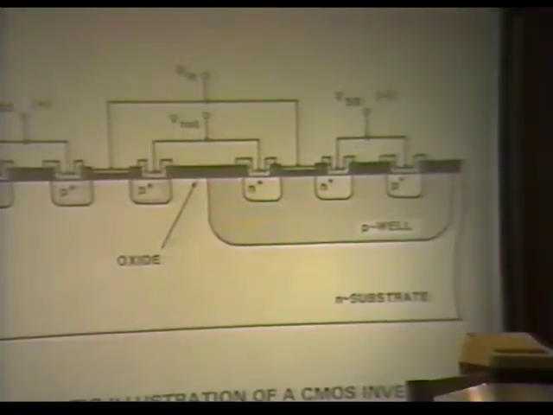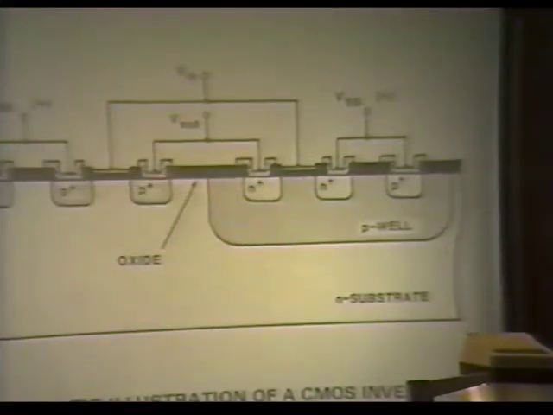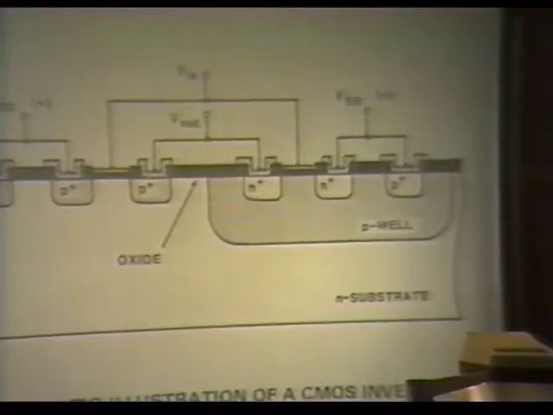And that is very effective in destroying that SCR action, because now this lateral PNP here is just not worth a darn as a transistor, because it's got an oxide there in the base region. It destroys the vertical one also, doesn't it? Yeah, and it destroys that, and so you can't get that SCR action.